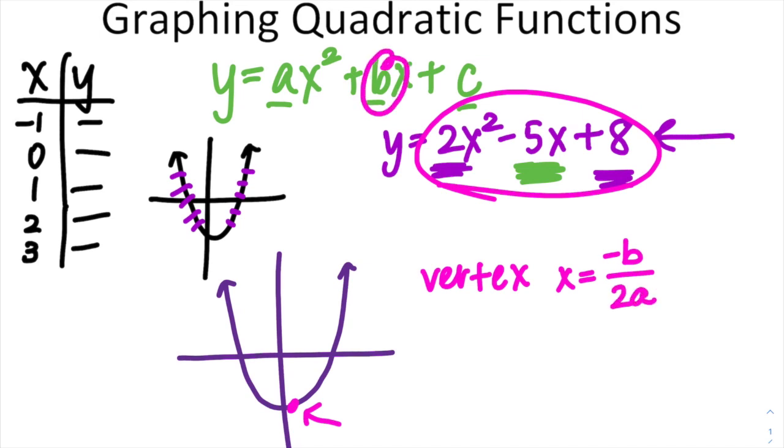And remember, b and a are the values in your equation. So in this example, b is -5 and a is 2. You'd substitute those values into this formula to get the x value. Now how do you get the y that goes with it? Whatever you get for x, you substitute into your equation and you'll find the y that goes with it.